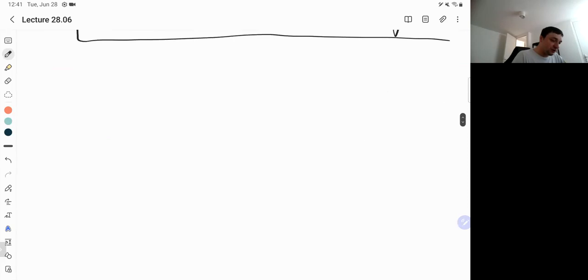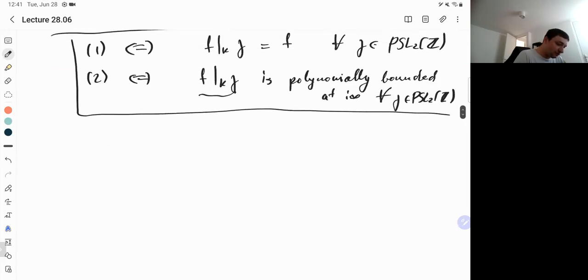So what I want to do now is make a comment about why this definition: why this weight k additional factor appears, and why you would want to consider this.